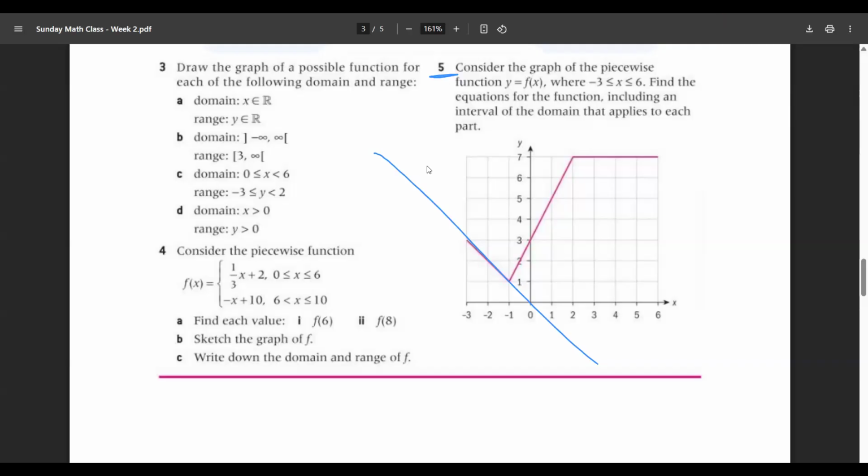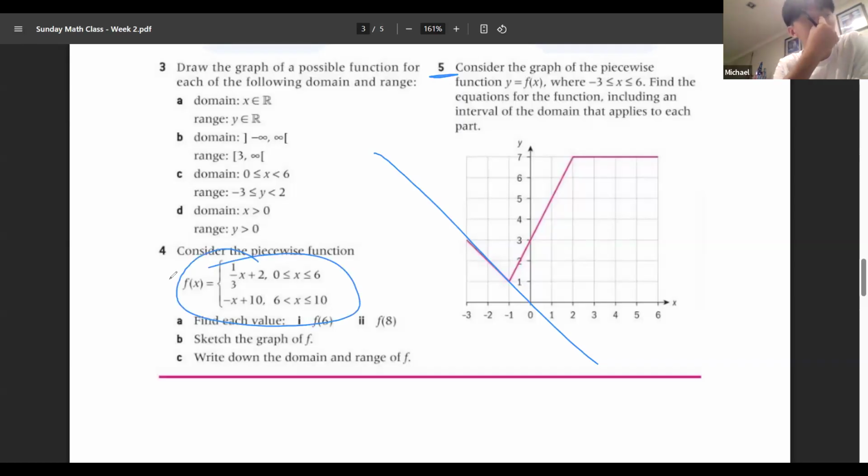So you're trying to write the piecewise function in this form. Will it be 3? There will be 3 equations, yes, and 3 intervals.